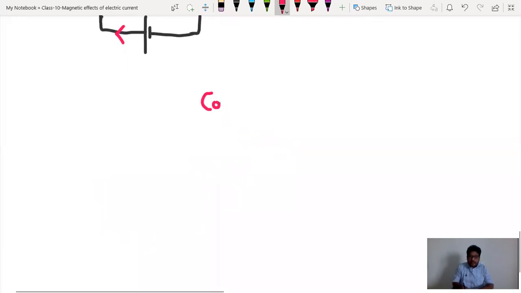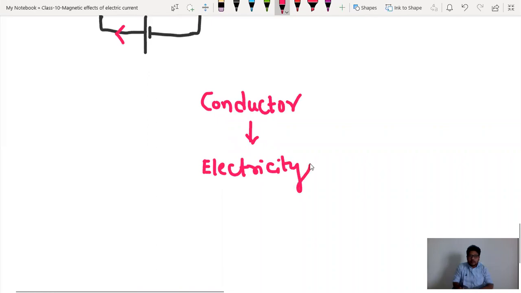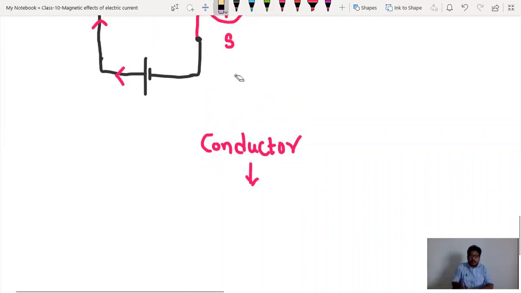If you take a conductor, conductor means a material which allows electricity. If you pass electricity, so instead of writing here, if I write here, that would be easy for you to understand.